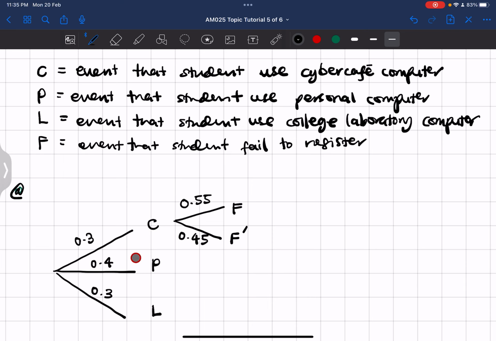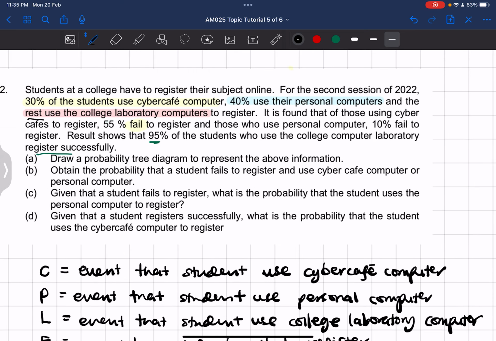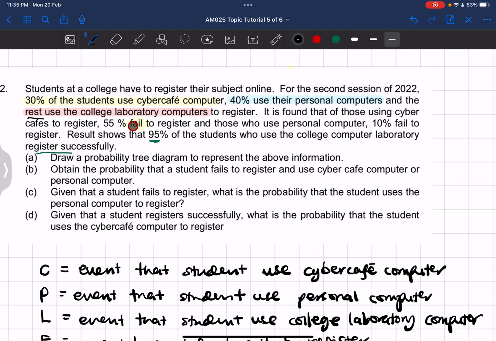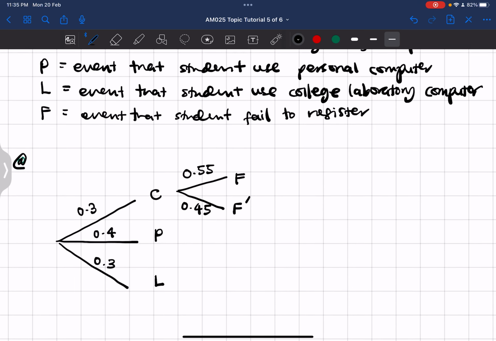So for P here, those who use personal computers, 10% fail to register. So using a personal computer and failing to register is 0.1, and to complete this branch, 1 minus 0.1 is 0.9.